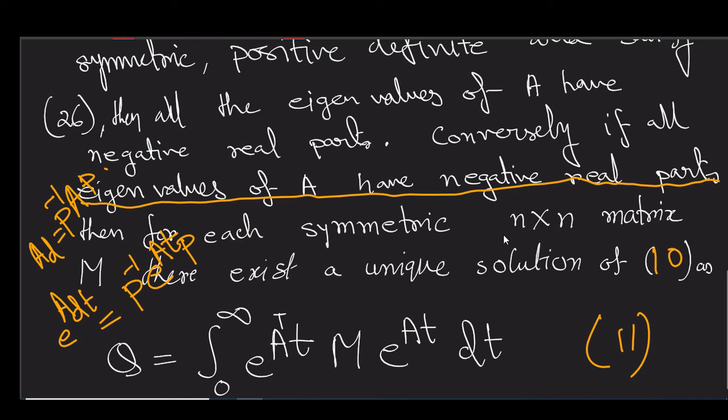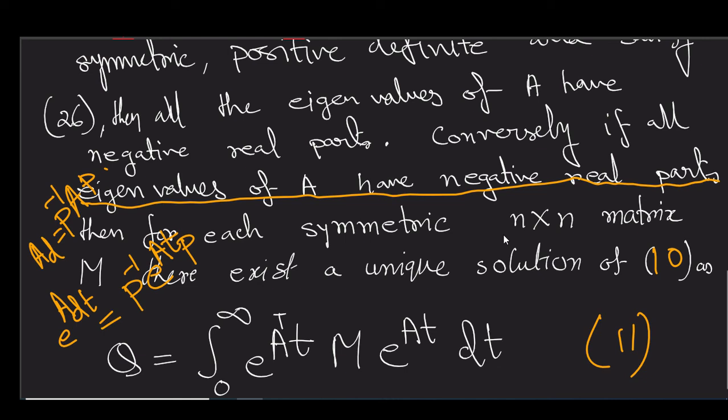So what we can write here is that even if it is not diagonal, we can get a diagonal matrix just by suitable transformation. e to the power At can be written as P e to the power ADt P inverse, and from that we can show that e to the power ADt will be a diagonal matrix with entries given by the eigenvalues.